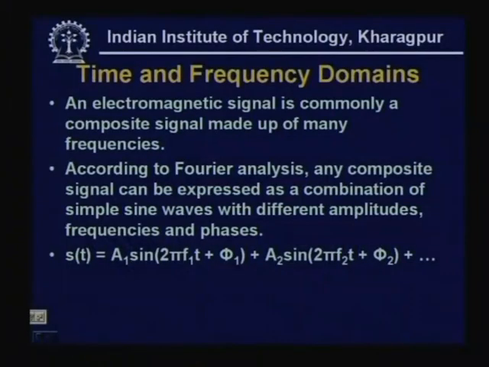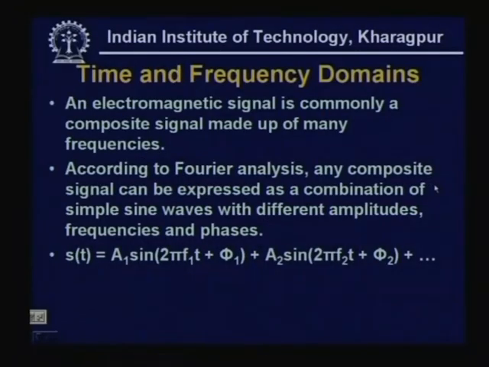Whenever a signal is complex, by virtue of the variation of parameters like amplitude, phase and frequency with time, it becomes a composite signal. According to Fourier analysis, any composite signal can be expressed as a combination of simple sine waves with different amplitudes, frequencies and phases.